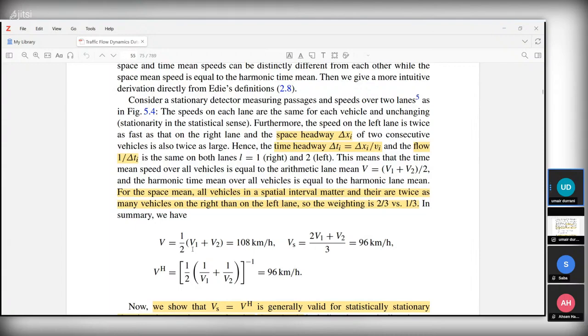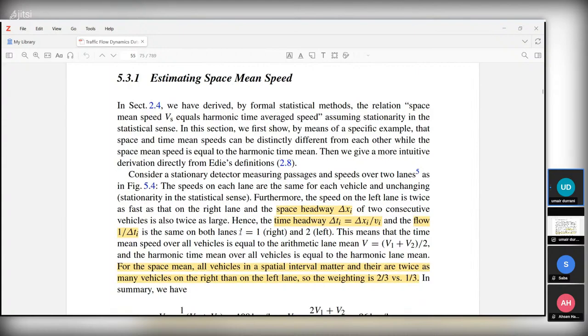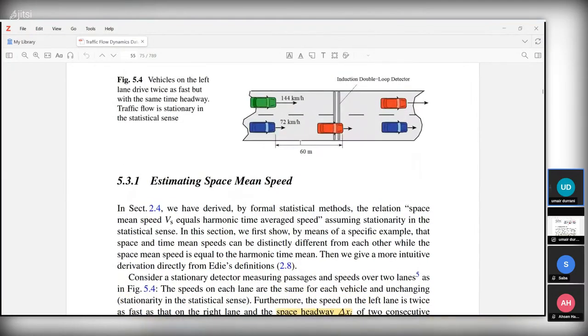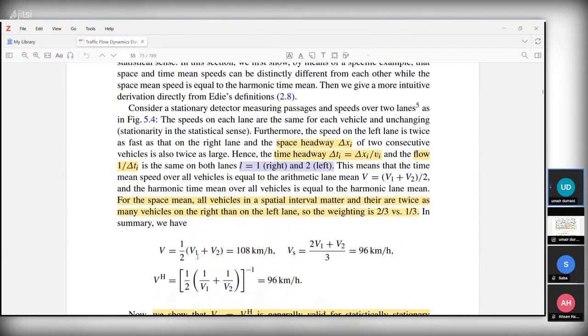The time mean speed is simply the arithmetic average. Here they mentioned the lanes: lanes are L1 and L2, where one is right and two is left. So V1 is from the right lane, V2 is from the left lane. We know those are 144 and 72, and we take an average that comes out to be 108 kilometers per hour.